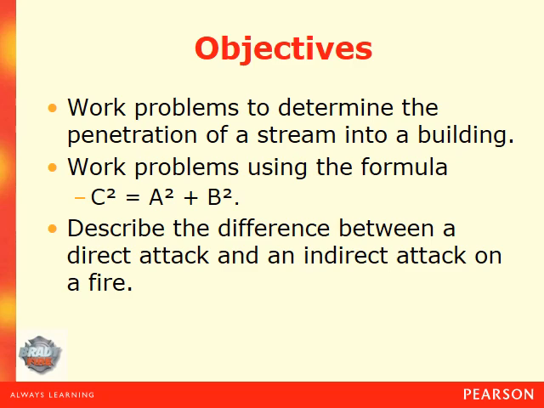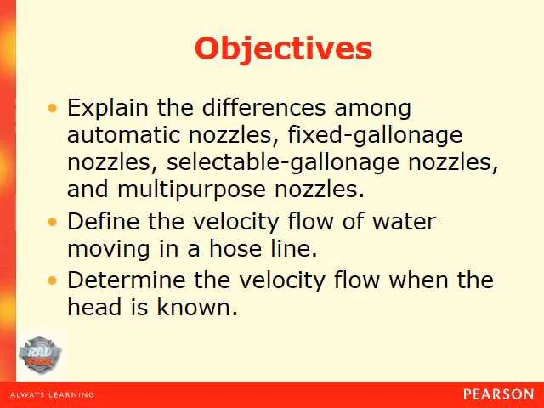Describe the difference between a direct attack and an indirect attack on a fire. Explain the differences among automatic nozzles, fixed gallonage nozzles, selectable gallonage nozzles, and multi-purpose nozzles. Define the velocity flow of water moving in a hose line.